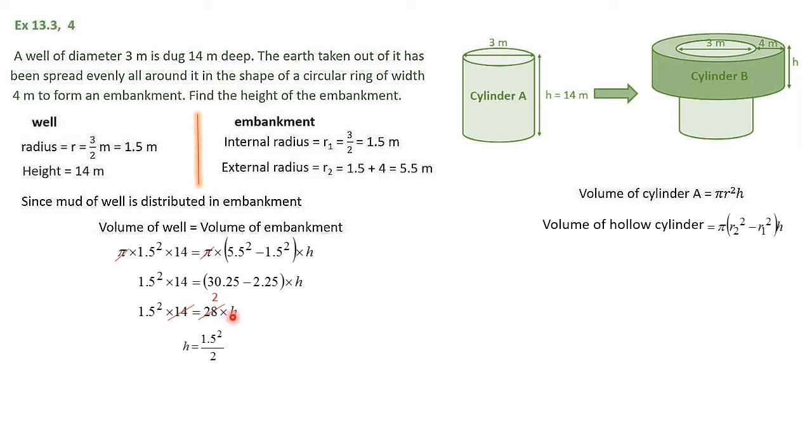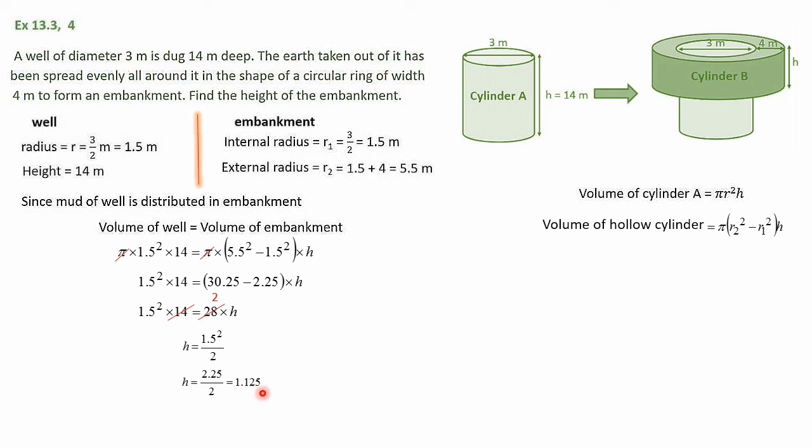Here on the right side it is 2 into h, so the 2 comes to the left side as a denominator, or division. So 1.5 square is 2.25 divided by 2. When you divide 2.25 by 2, we will get the answer as 1.125.